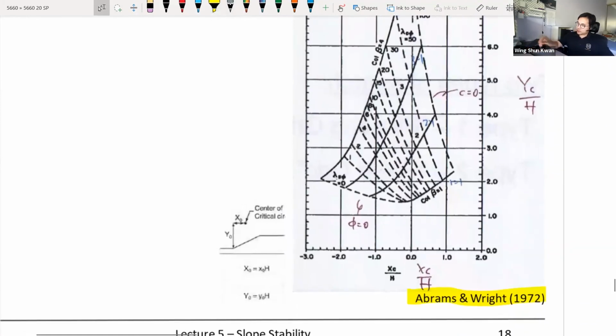So if this is your slope, and assume you try to search for a slip circle with a diameter or radius like this.